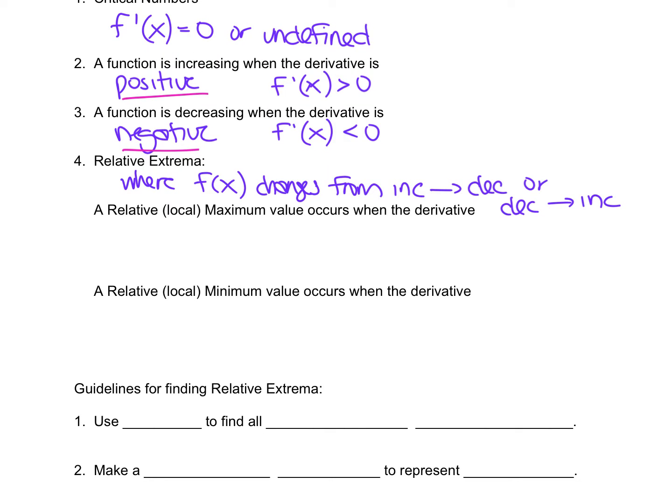So what we're going to see is our relative or our local maximum occurs when the derivative changes from positive to negative. Because positive is where our original is increasing, and negative is where our original is decreasing. So it's using that same definition, but it's using it with the derivative.